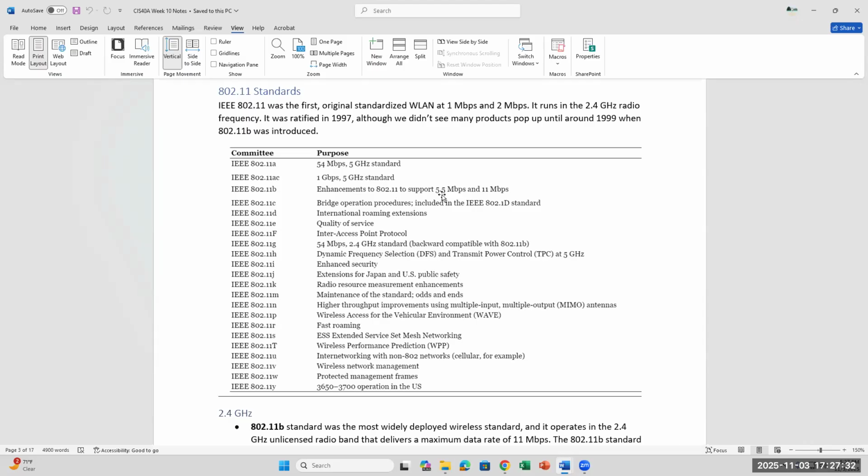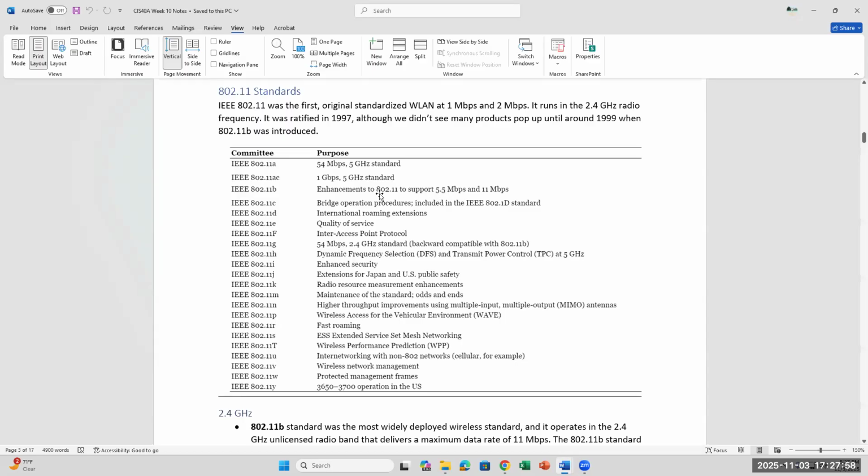For its time, I want to say late 1990s, early 2000s, it was fairly fast, because people were still on dial-up at some point in the 1990s, and that's a fraction of that speed. So if you have a wireless network and you're using 802.11b, you're pretty modernized, right?